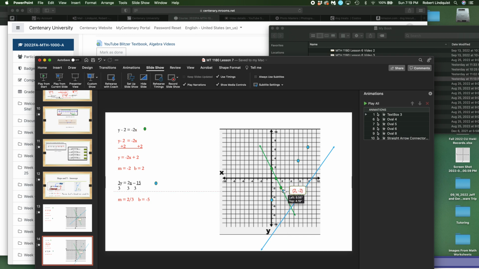Up 2 over 3. Up 2 over 3. Up 2 over 3. And unfortunately, as I said, we're not going to meet at a perfect point. So we won't have a common solution here that's a normal point. So I do apologize about that.